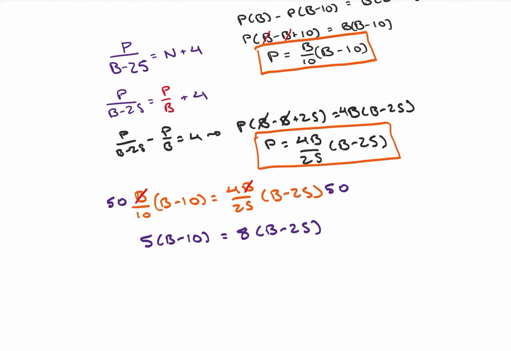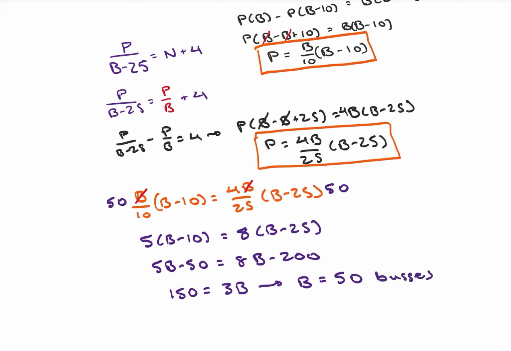So let's distribute here. We get 5B minus 50 is equal to 8B minus 200, which gives me that 150 is equal to 3B, and subsequently B, our number of buses originally, is 50. So our original number of buses is 50.